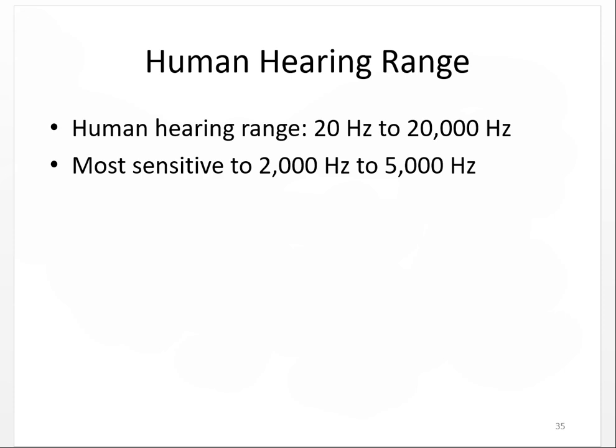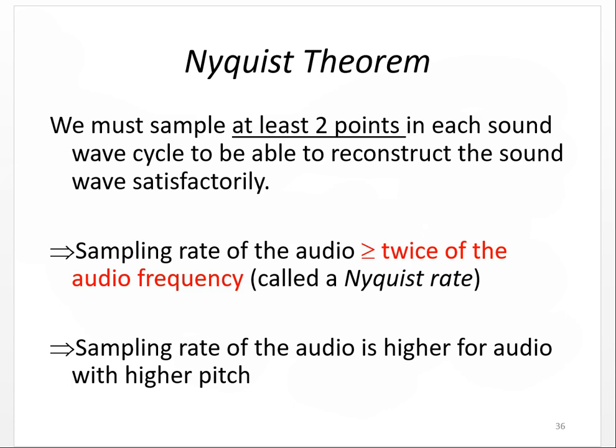You also know about the human hearing range, which is 20 Hz to 20 kilohertz, and we are most sensitive from 2 kilohertz to 5 kilohertz. Coming to some theorems, which you already studied in data communication about channels: we have two different channels, noisy channel and noiseless channel. For these we have two concepts, Nyquist theorem and channel capacity.